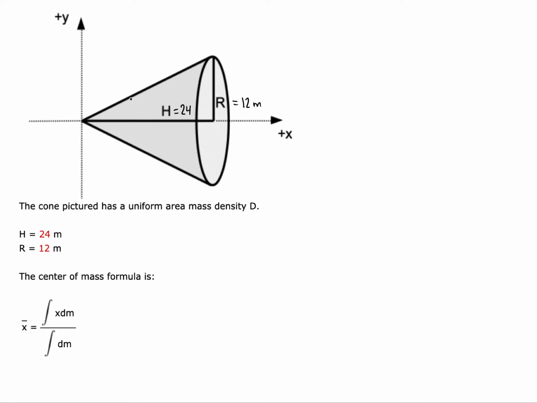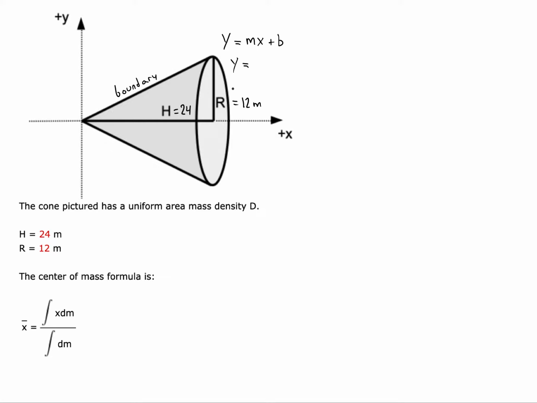What you want is, first of all, to find a function for the boundary of the object. So you get this boundary and it has a formula, that line. That's what I would do first, just use a y equals mx plus b type of thing to figure out what that line is.